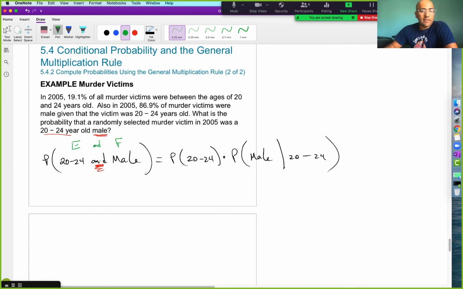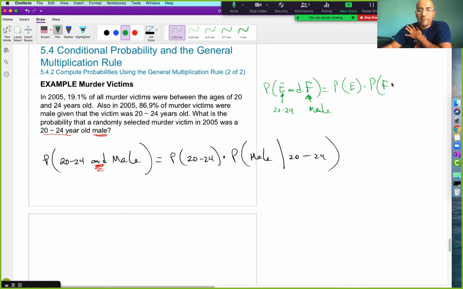The probability of E and F, where event E is that they're 20 to 24 years old and event F represents male, is equal to the probability of E times the probability of F given E.